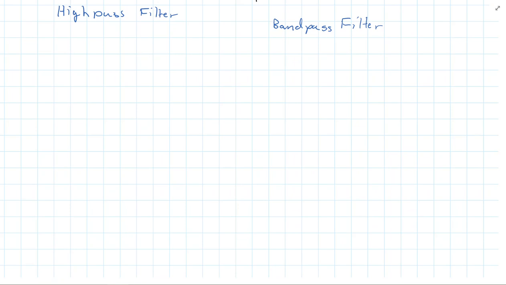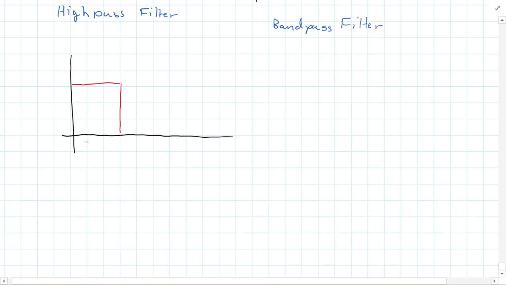Alright, now the other filter that we can look at is kind of the opposite of a bandpass, where we have the filter that looks like this. We pass these low frequencies, we stop these middle frequencies, and we pass the high frequencies.